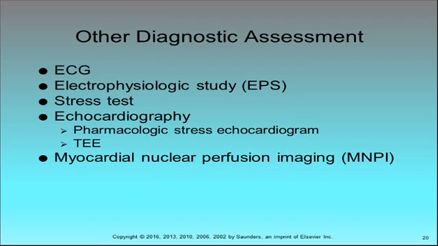Other diagnostic testing that we'll have is an ECG or an EKG, and that can look to see whether the patients have any arrhythmias going on. An EPS study, which is an electrophysiologic study, is an invasive procedure where they go in and manually stimulate the heart.